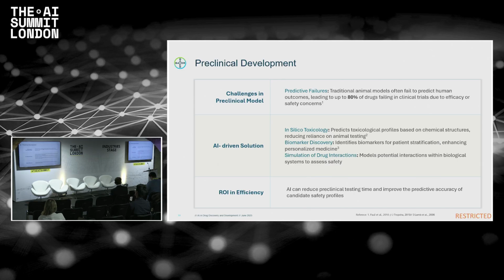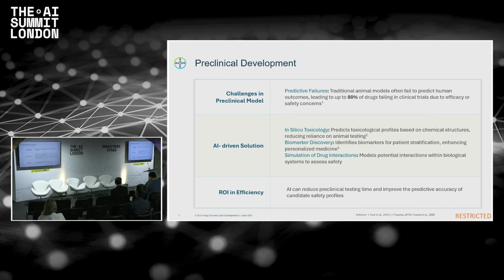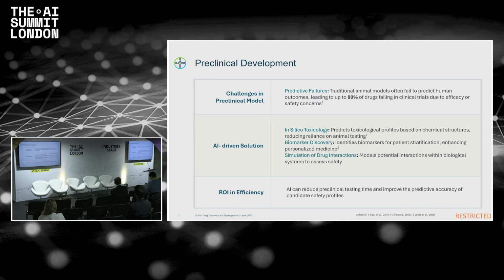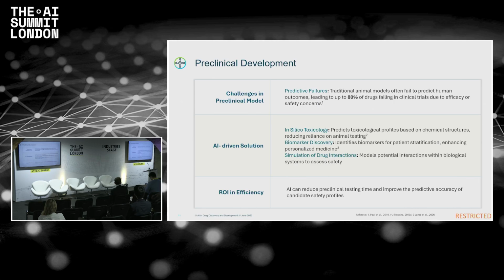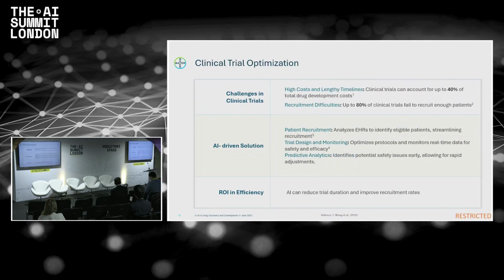We are seeing a reduction in preclinical testing and improving the accuracy of the predictive models, so we are moving the better drugs to the clinical trials.